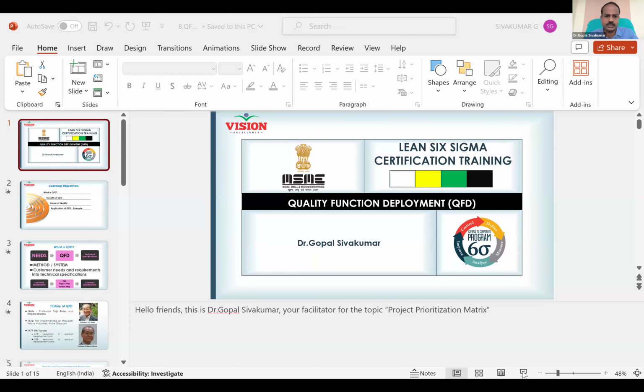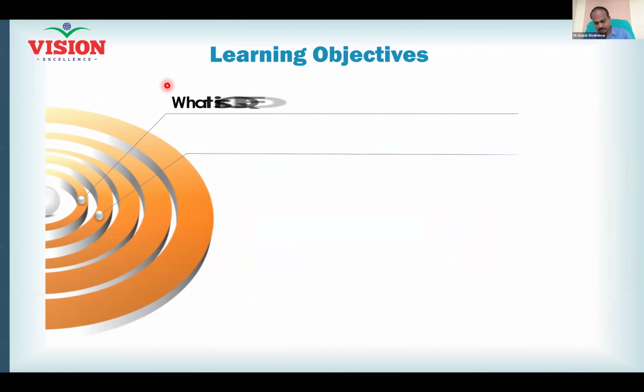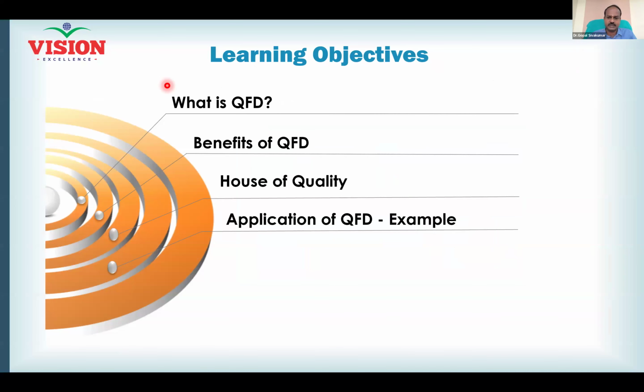So let's talk about it. Let's understand. And as usual, if you have any questions, please don't hesitate to stop and ask the question then and there. So what is QFD? The benefits, and it is also popularly known as House of Quality. Why is it so? We will understand.